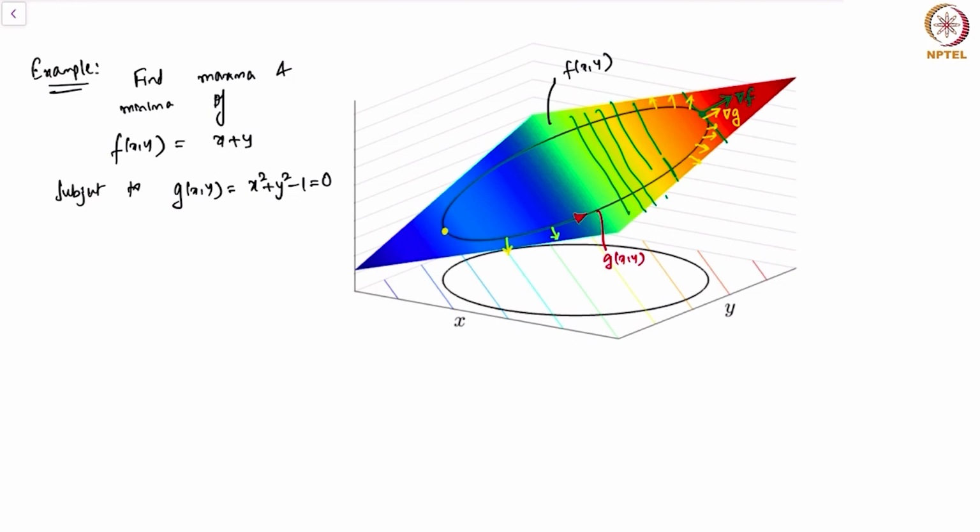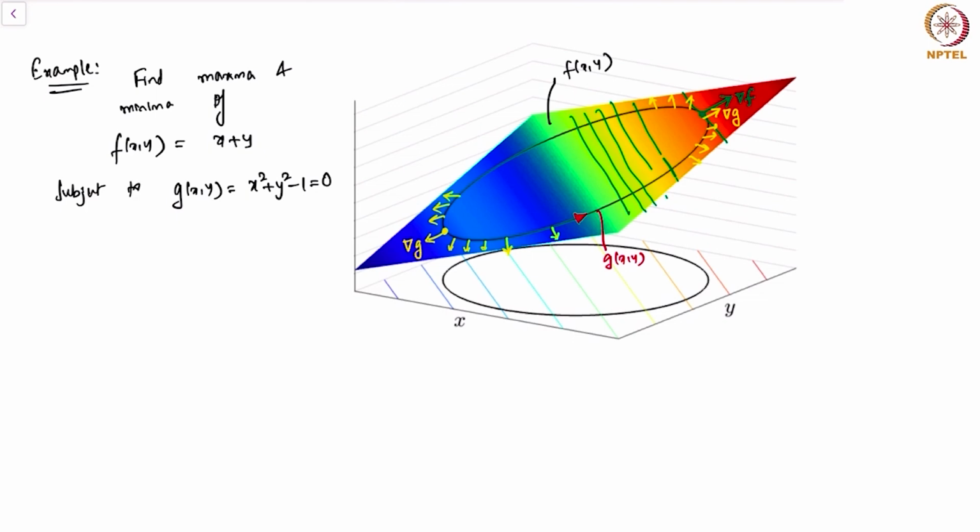But exactly at the maxima or the minima, the gradient of f and the gradient of g are related. The same applies in the other case. If you want to look at the lower part, let's say the gradient of g is the following. That's the gradient of g.